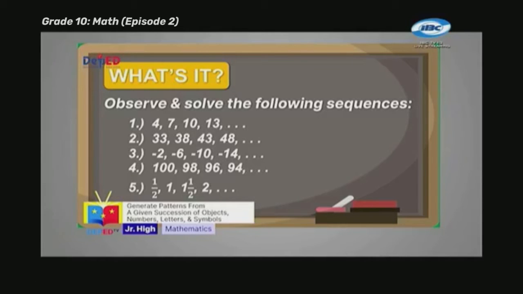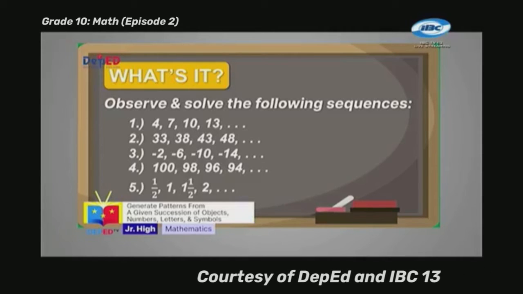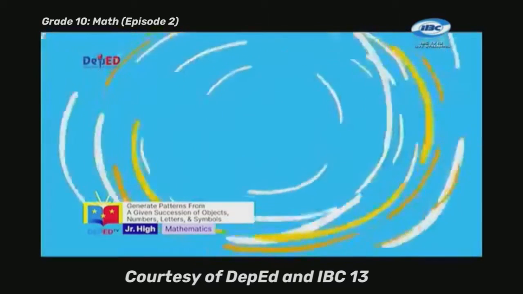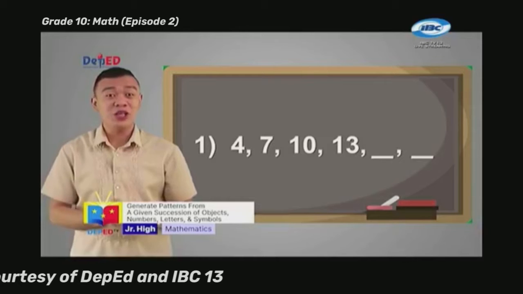Item number 4, 100, 98, 96, 94, and so on. Item number 5, 1/2, 1, 1 and 1/2, 2, and so on. Can you give the next two terms of the following sequences?